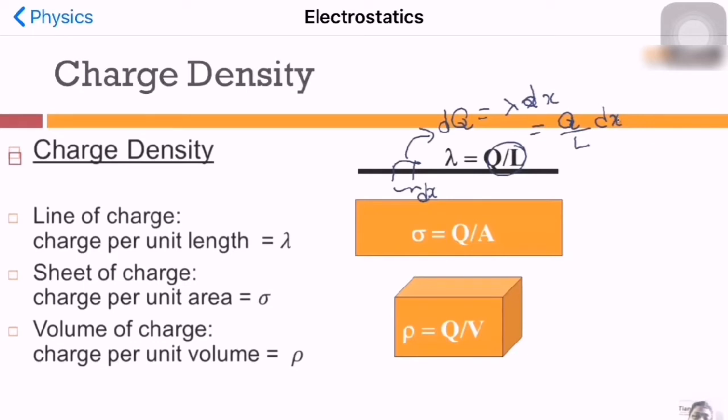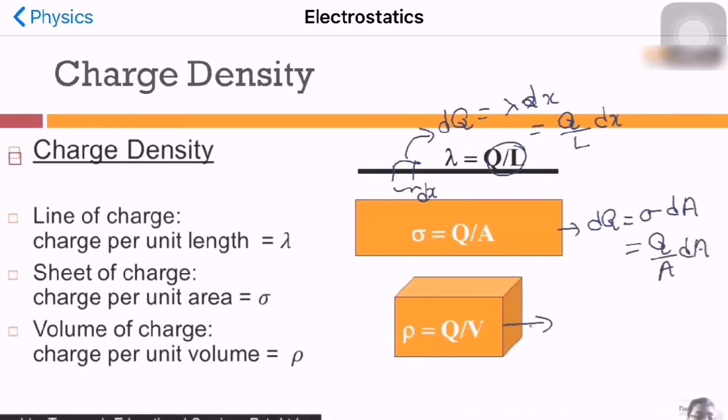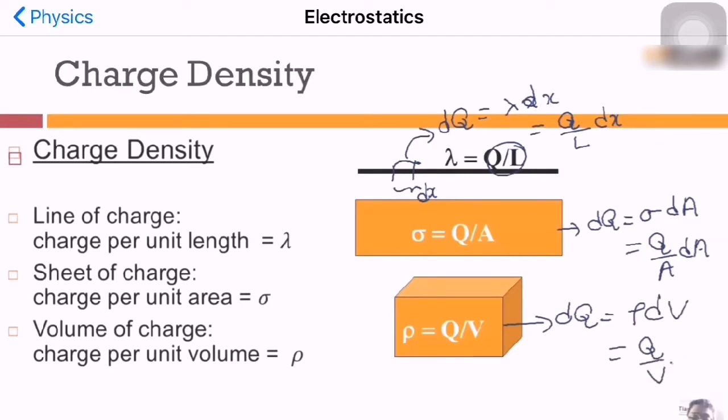In a similar manner, if you take a small area here, dq you'll say is sigma into dA, dA being the area. This can also be written as q over A into dA. For the case of volume, you'll say the total charge dq can be written as rho dV. This can also be given by q over V dV.